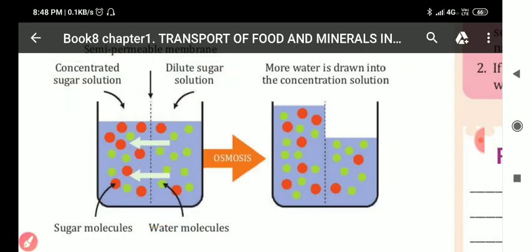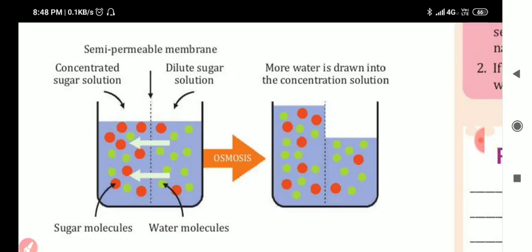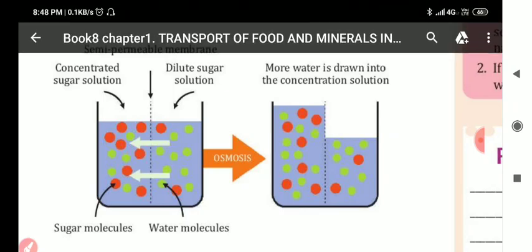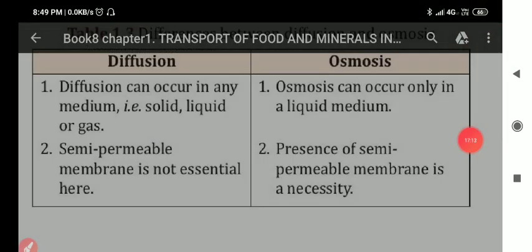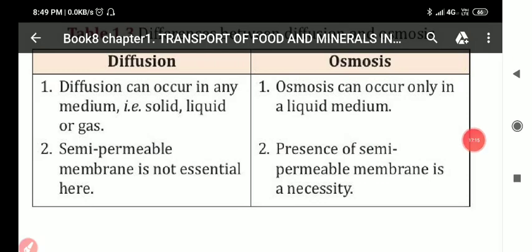Clear all of you? So just now we have discussed two topics, mainly diffusion and osmosis. I think all of you might have understood diffusion and osmosis. Now my dear students, the last topic of today's class, that is the difference between diffusion and osmosis.